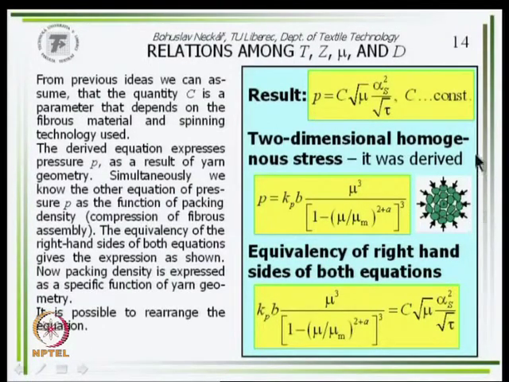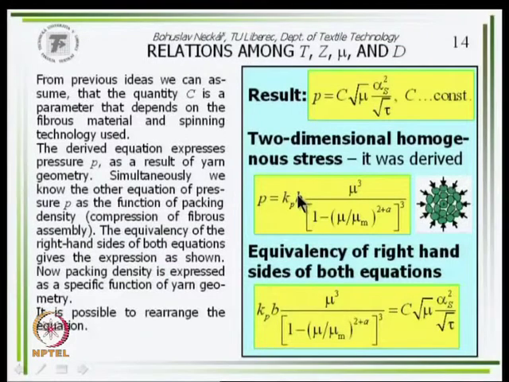And we also mentioned that by solving a more difficult problem of two-dimensional homogeneous stress, which can be assumed like this, compressing the fiber bundle from all sides, we can obtain a similar equation, only some parameter B more is here.